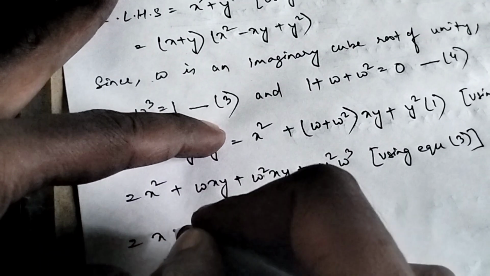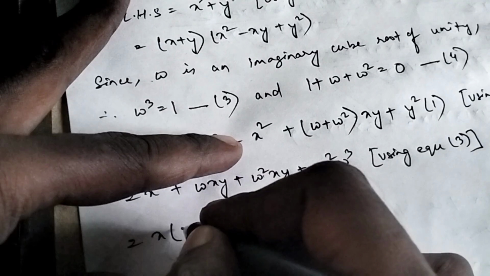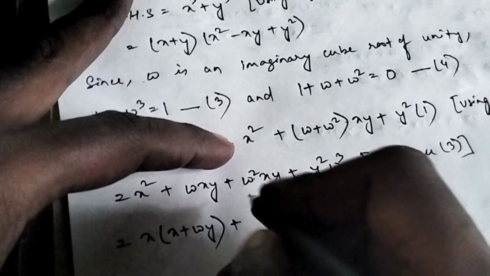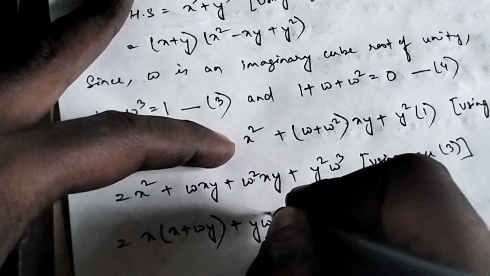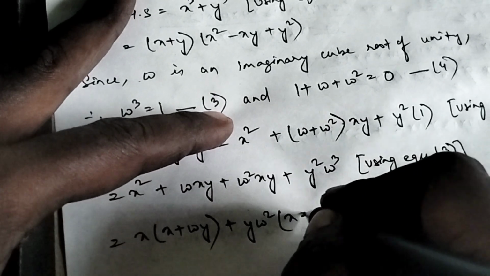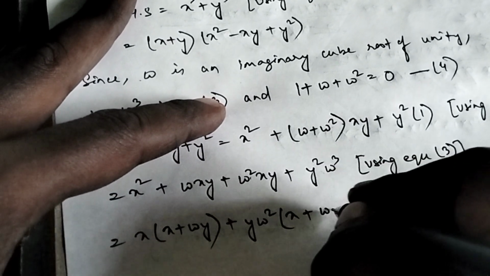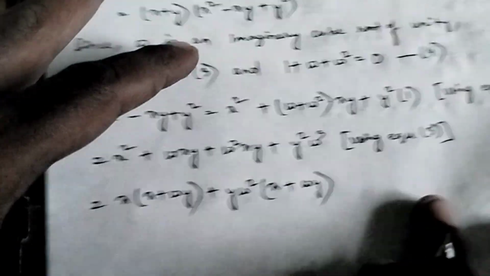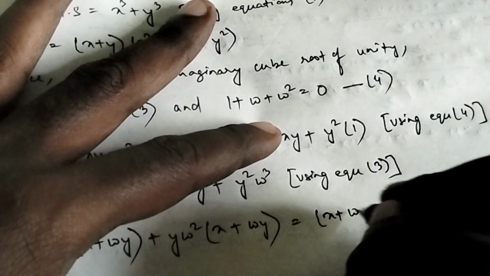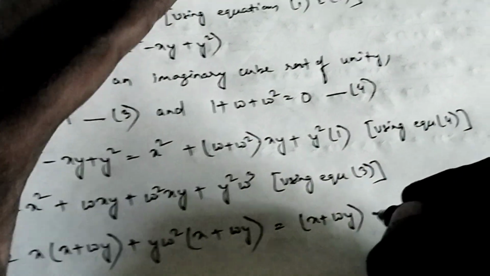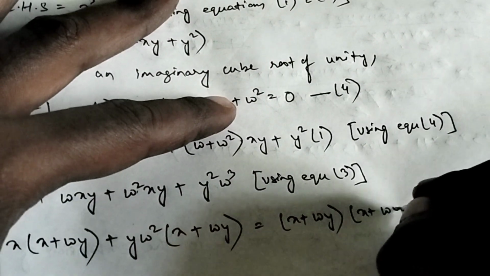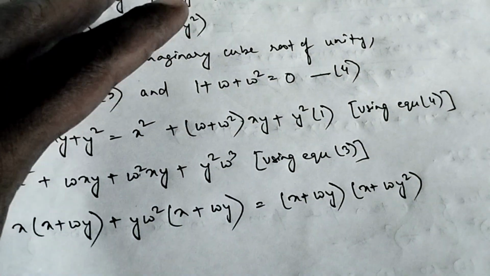So now we'll factorize. x into (x plus omega y) plus omega square y into (x plus omega y), so it will be (x plus omega y) into (x plus omega square y).